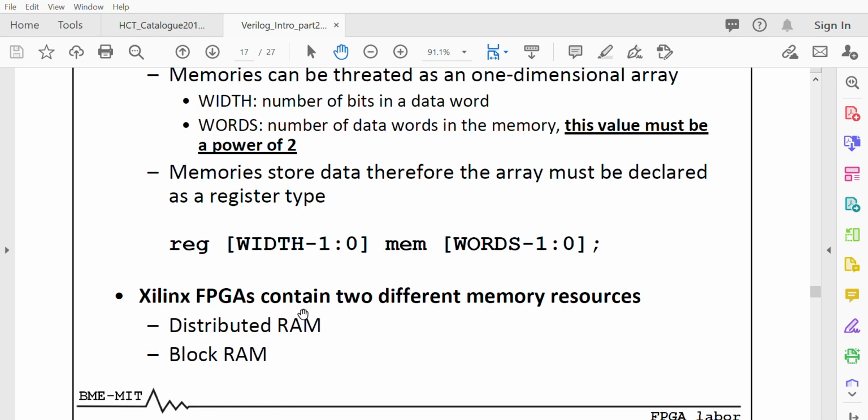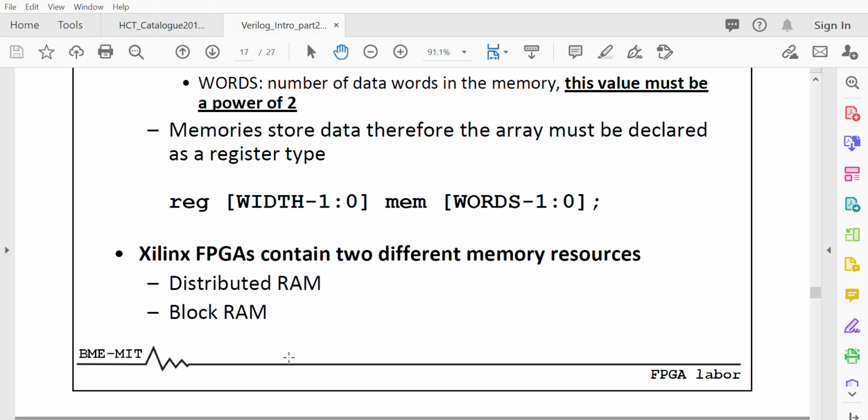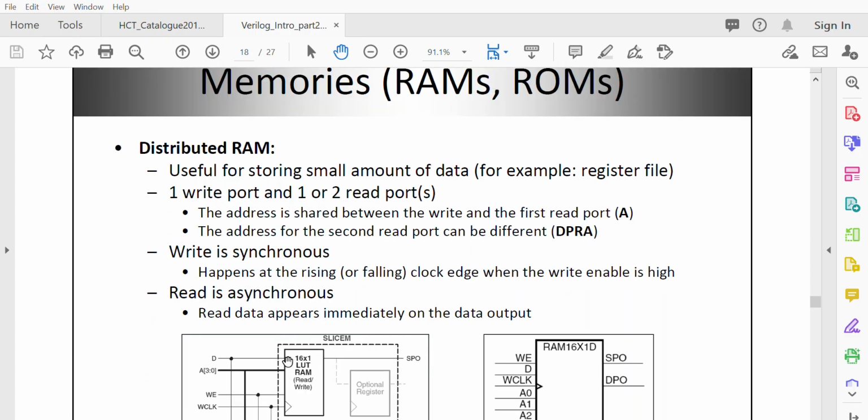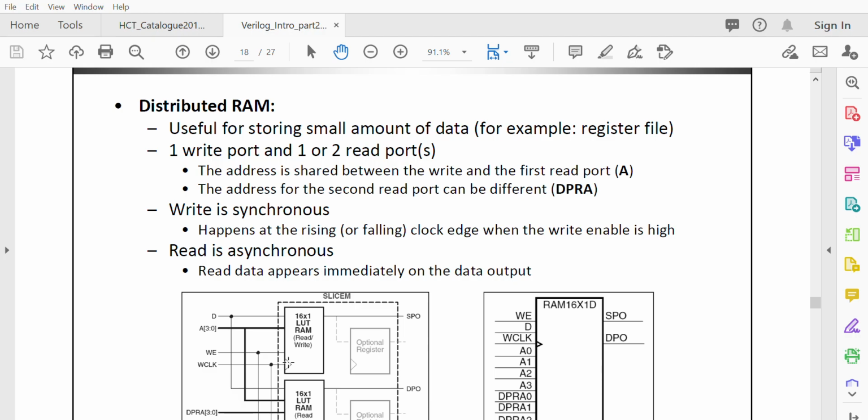So Xilinx FPGAs contain 2 different memory resources, distributed RAM and block RAM. Same thing for the Intel. They contain distributed RAM and block RAM. I'm not going to cover this in detail, but distributed RAM is useful for storing a small amount of data, for example a register file, with 1 write port and 1 or 2 read ports.